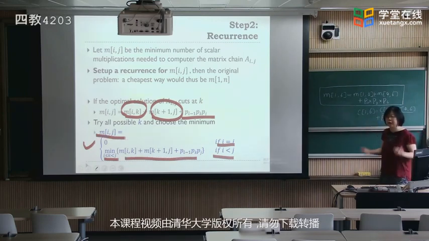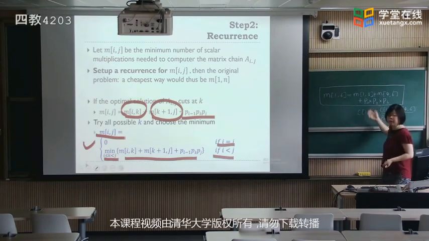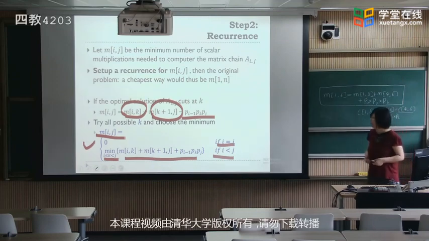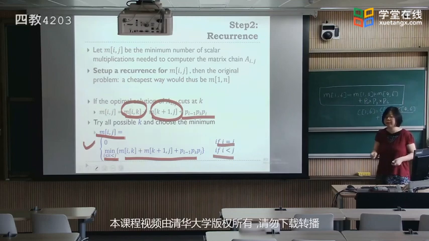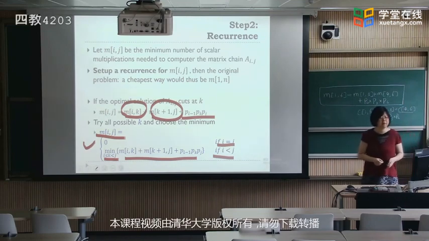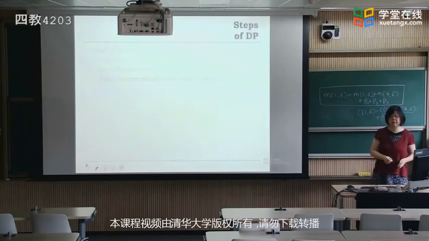So basically, you try different values of k, and for each value, we know how to calculate the value of Mij given Mik and M k plus 1 j. So we calculate all these candidates and we pick the minimum out of them. Okay? So that's step number 2.